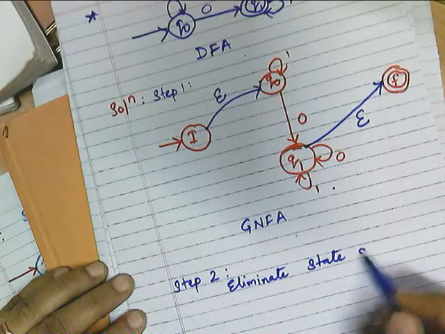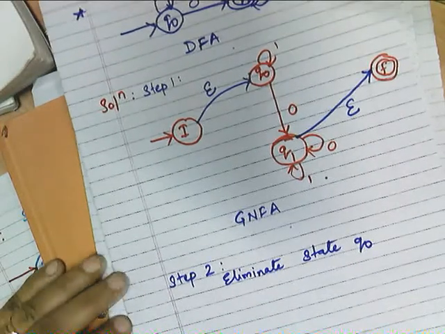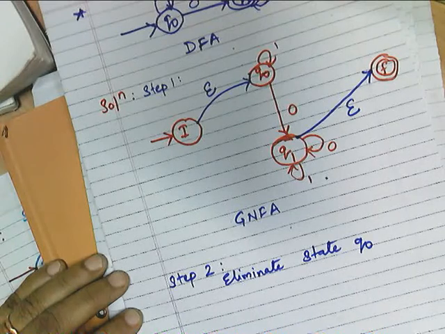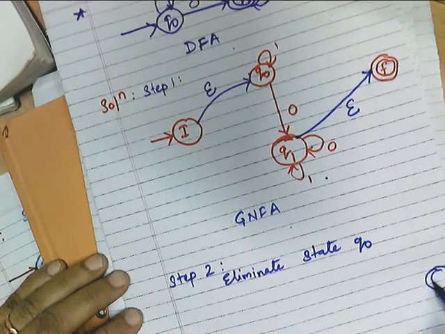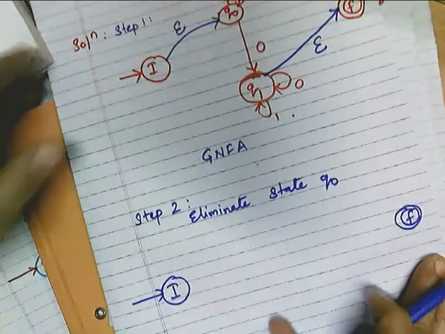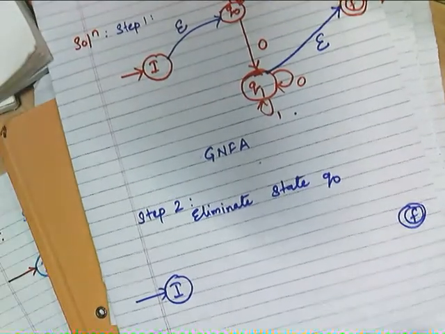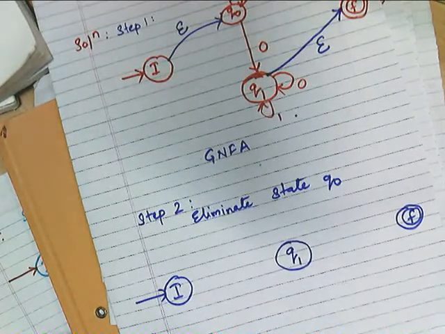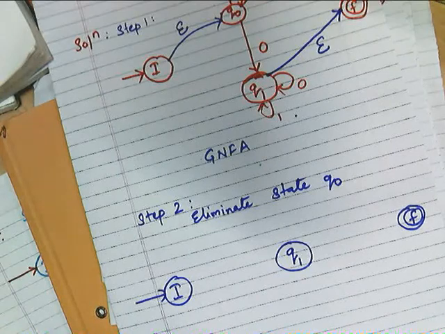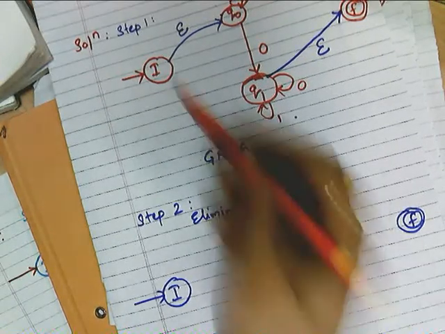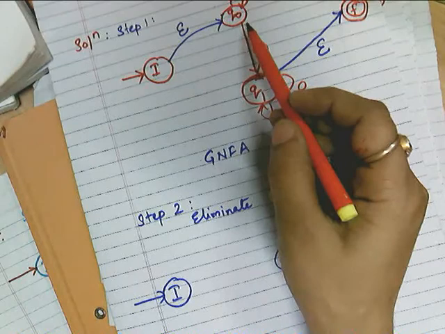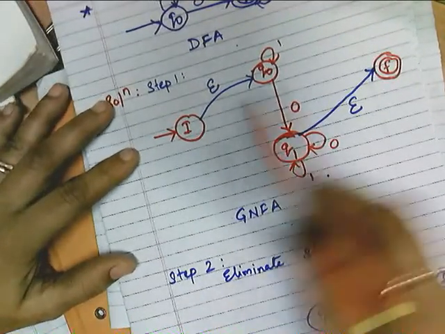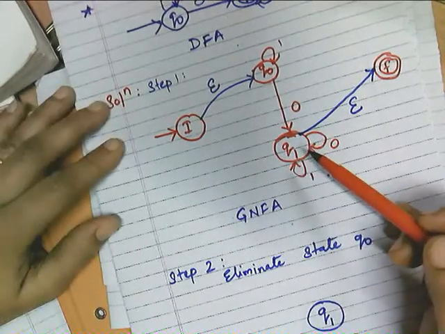How will we eliminate it? Again we will have this as I, this as your F, and the only remaining state is Q1. After eliminating Q0, how can I reach Q1?